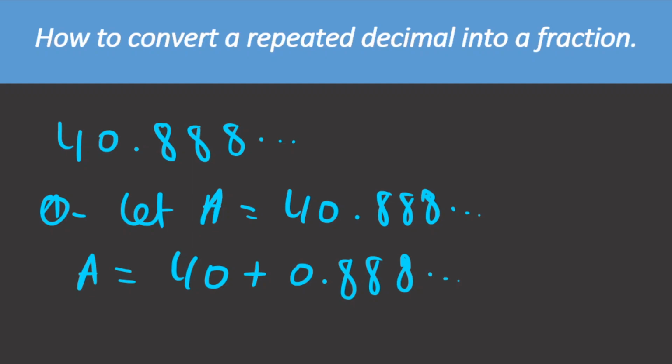There is a notation in mathematics that expresses the repeated decimal, and it's by putting a bar on top of the repeated number. So I'd rather write it like this: a is equal to 40 plus 0.8 with a bar. This is much better. Let's continue.